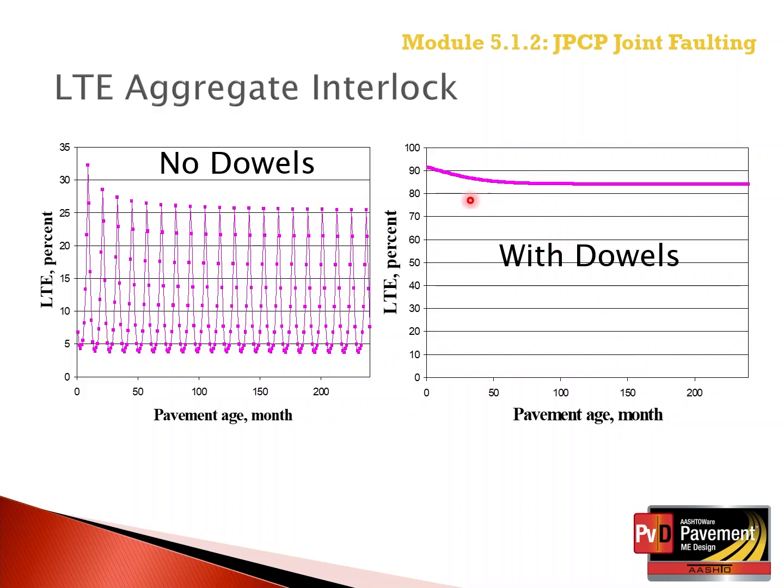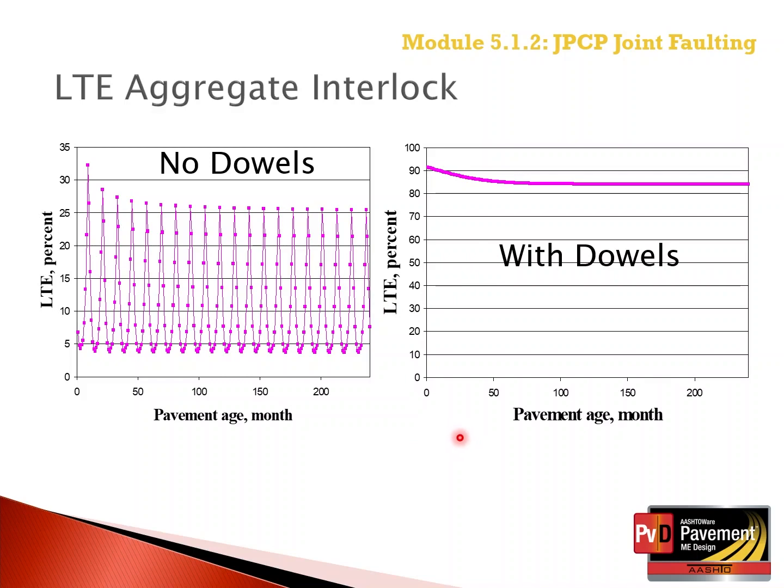As shown, the load transfer efficiency initially decreases but then remains relatively stable throughout the design life. The difference in the load transfer efficiency contributed by the aggregate interlock between the two is significant, as shown.